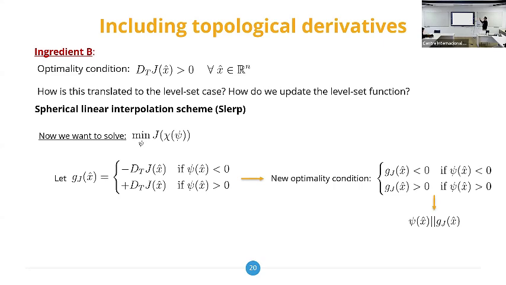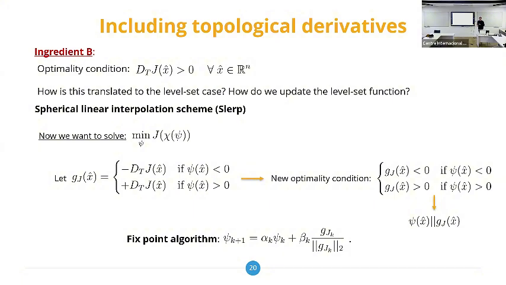So we convert the original optimality condition, topological derivative greater than 0, to another condition where the level set must be parallel to this new function, which is basically understood as the topological gradient. Okay, and this is an angle condition. We want to find a level set such that in the optimum it is parallel to this new topological gradient.